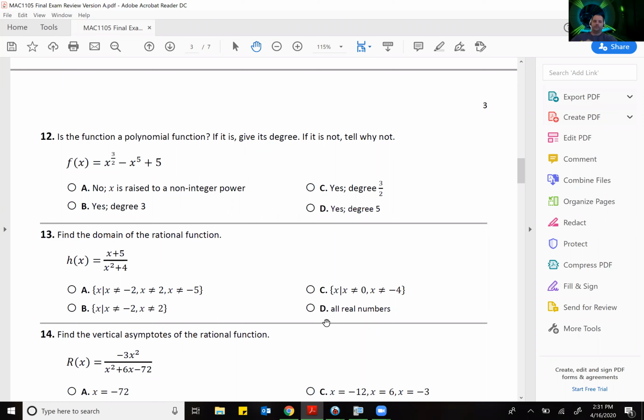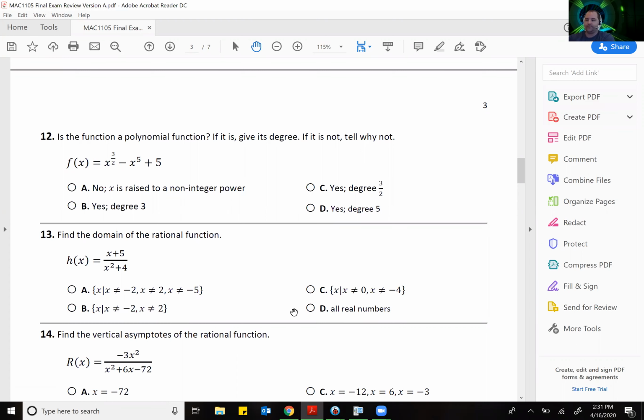That's right. So option B right here would be what would happen if it was a positive and a negative 2. That would be our answer if it was not complex and it was just plus or minus 2.